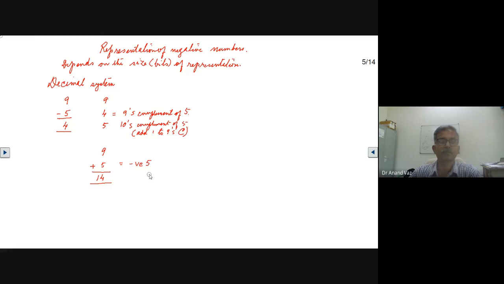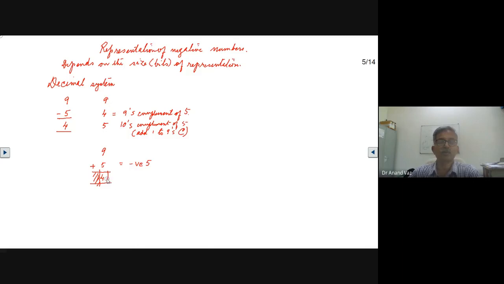Now, because you're dealing with the representation in only one digit, you have to retain only one digit and chop off the other excess digits. You're left with 4.